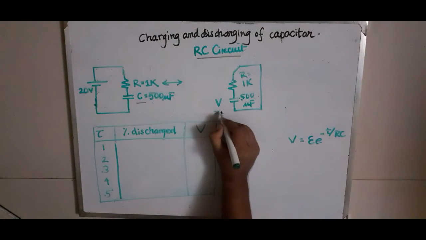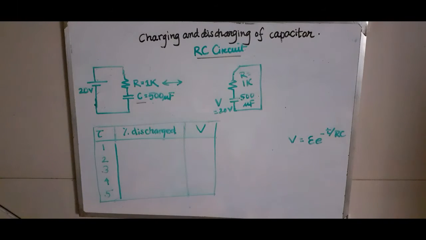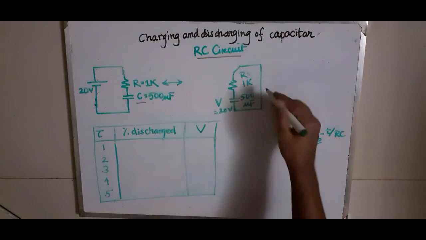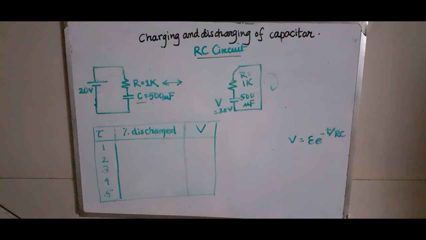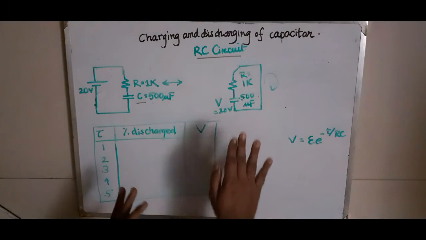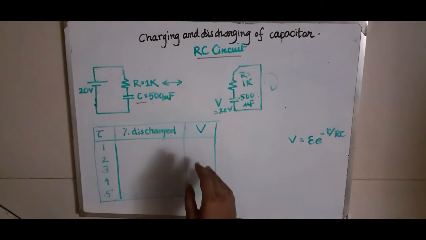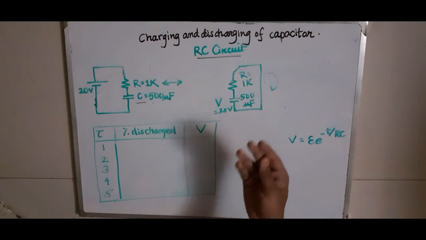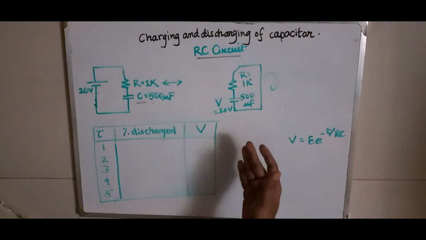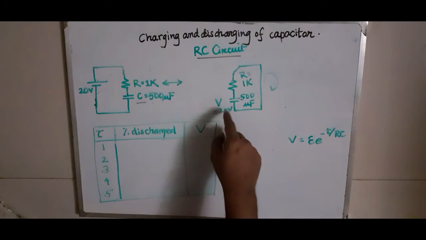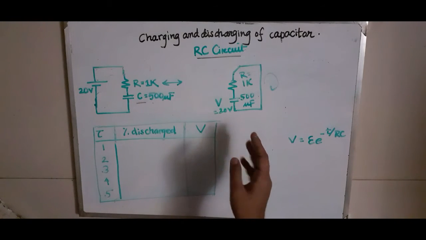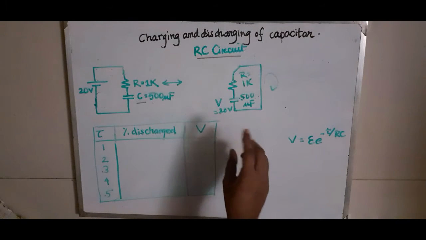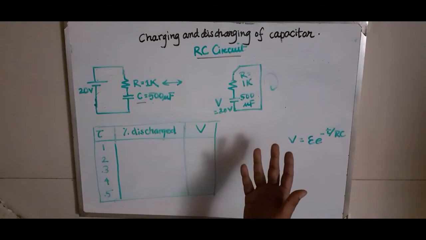V is equal to 20 volts, right? Current will start flowing through this, and after some time the voltage drop will occur, as this thing is dissipating power.